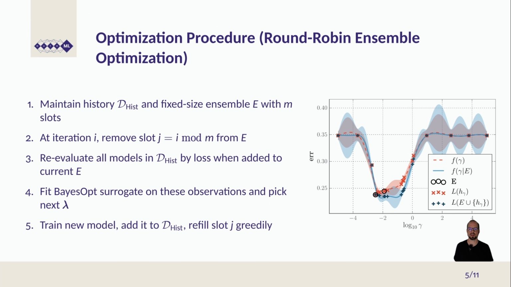Using this Gaussian process, we run expected improvement or any other acquisition function in order to obtain a new candidate. We evaluate the candidate, which means we train a machine learning model and make predictions. And then we add it to the ensemble and continue in the next iteration with the next model or the next slot. And on the right-hand side, you can see the individual evaluations, which are the crosses. You can see the members in the ensemble.